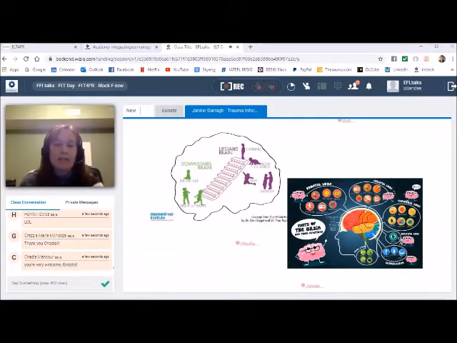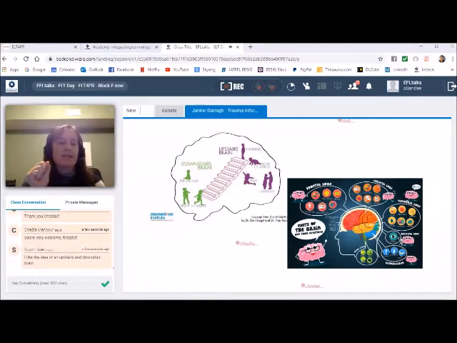And I like to use Dan Siegel's model of the upstairs brain and the downstairs brain in order to think about how trauma impacts us. So if my hand is a brain, and this is my spinal cord, and we have the downstairs brain, this is the only part of the brain that's fully formed at birth. And that is responsible for our basic life functions like breathing and digestion.